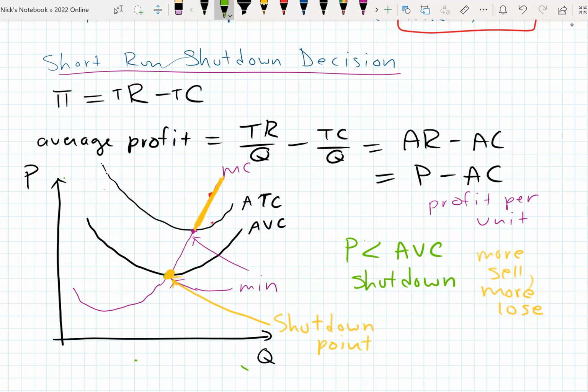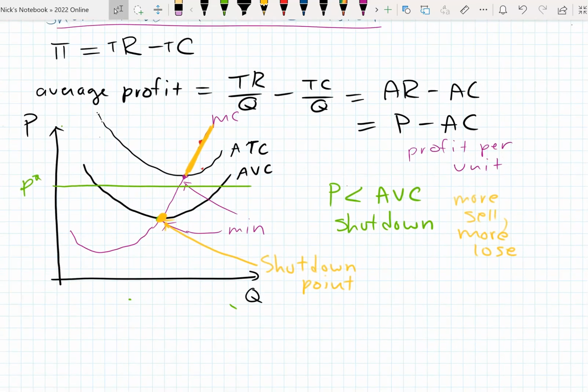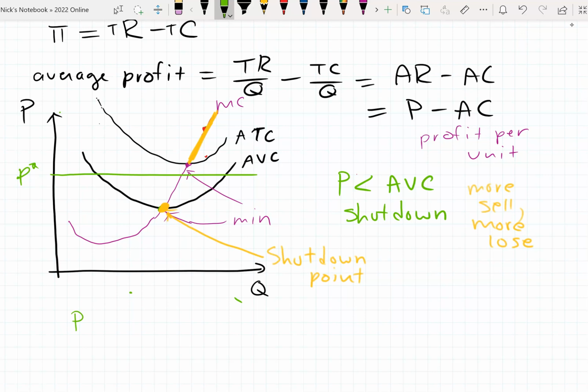So now let's go to the final question here. What if we have a price that's in between? Let's suppose our price is like here. Okay, so we have a price which is greater than average variable cost, but less than average total cost. Okay, so we're just looking at the short run right now. So what's the situation here?